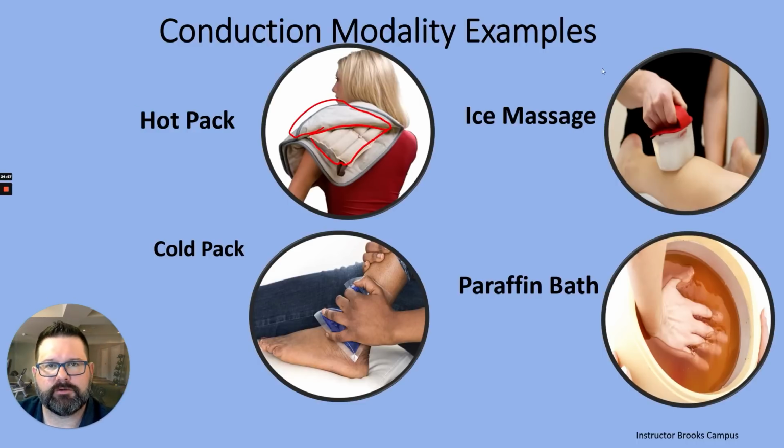This is usually used for objects like hands, because the hand is very irregular shaped, and with a hot pack or a cold pack, it's hard to cover all of the areas simultaneously, and you can miss parts of the hand. So paraffin bath for hand and feet heating, a very good option.